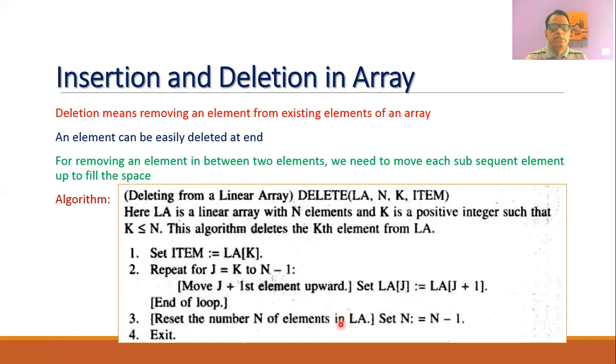Now we reset the number of elements N of the linear array LA such that N equals N minus 1. Since we have already deleted one element, it is necessary that we reduce the number of elements in the array by 1.